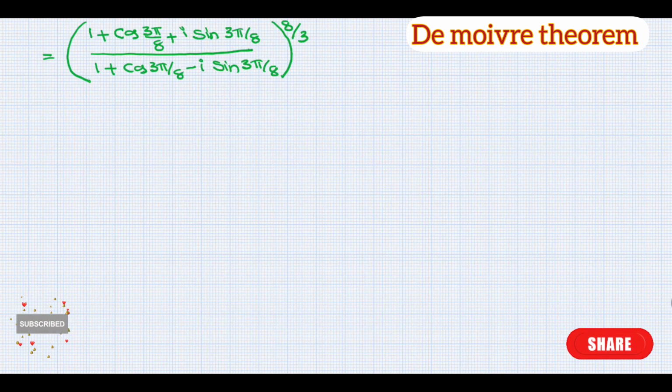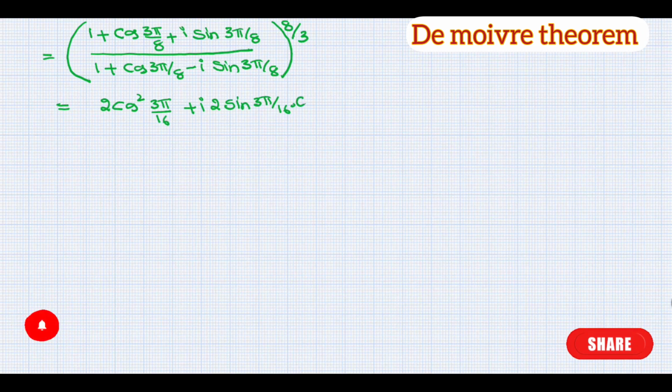Next step, 1 + cos 3π/8, applying the 1 + cos A formula, is 2 cos² (3π/8 / 2), that is 3π/16, plus i into the sin A formula, 2 sin(A/2) cos(A/2), that is 2 sin 3π/16 cos 3π/16.